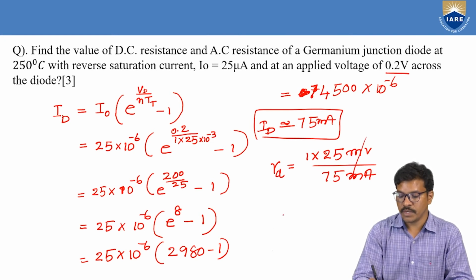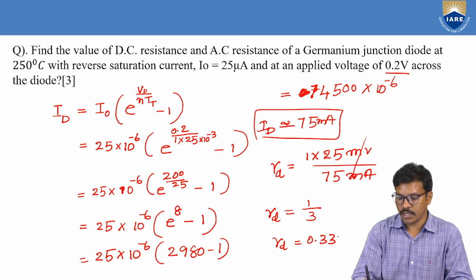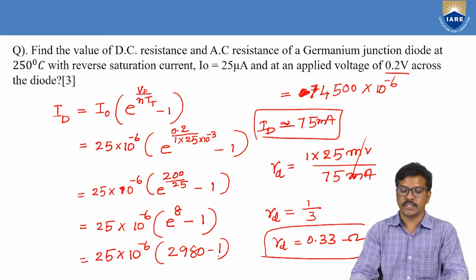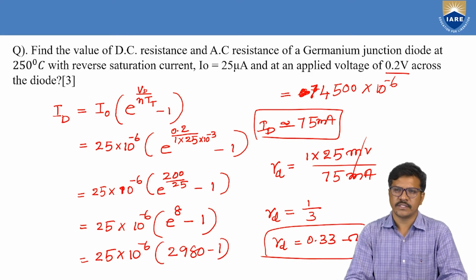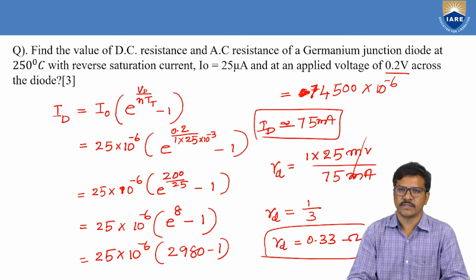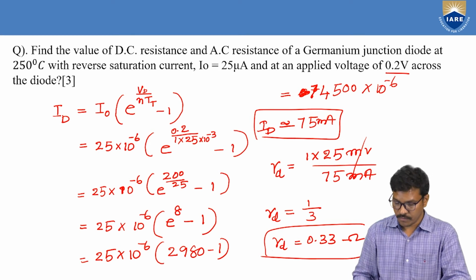So milli cancels, and you will get 1 by 3. So RD is equal to 0.33 ohms. The dynamic resistance for this diode is 0.33 ohms.